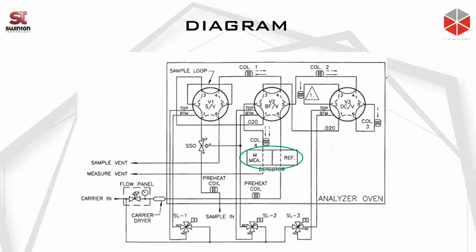Every time we have gas that goes through the measurement detector, other than the helium, it will change the temperature, and then the thermal conductivity detector will react to it. The resistance will change, and therefore it will create a voltage on the Wheatstone bridge. This voltage will be in the form of a peak, and this is the one that will then be interpreted as a peak of each individual component.